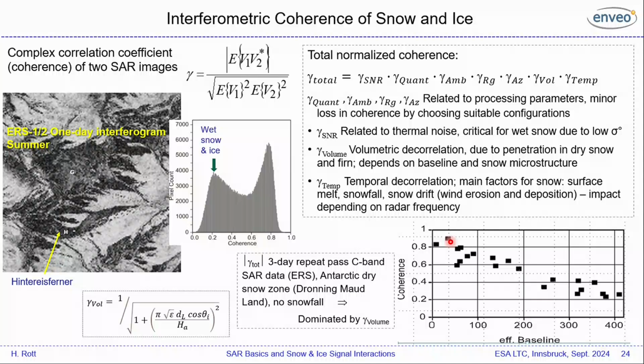Two-way penetration would be of order 12 meters, something like that. And then you can see that it decreases, for example, with 400-meter baseline, we have here 0.2 only. And here, this is total coherence, which means that the other factors are not so critical in this case.